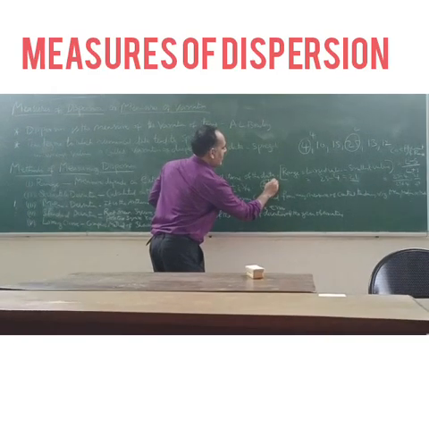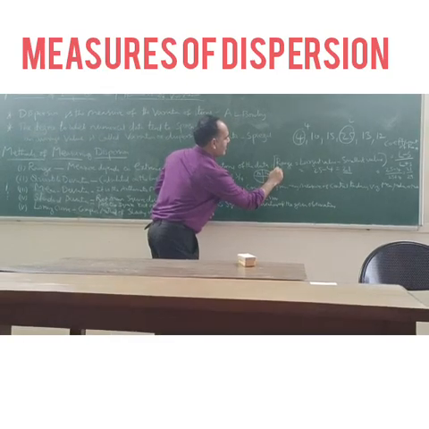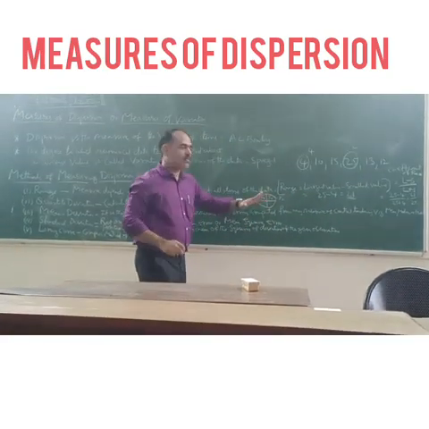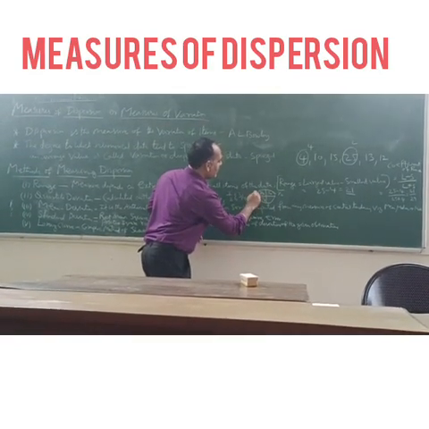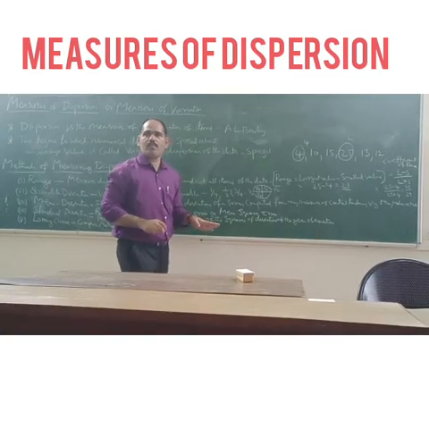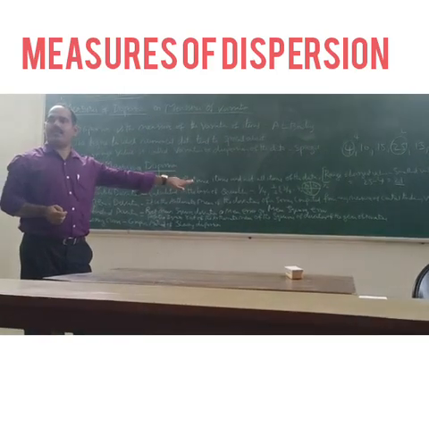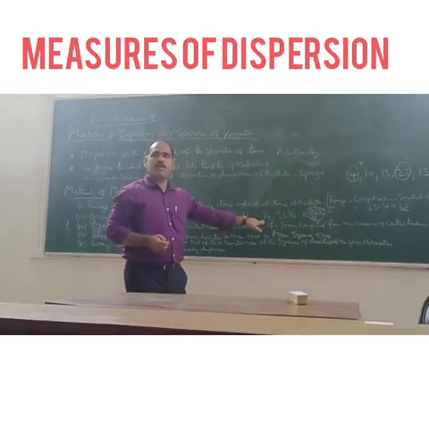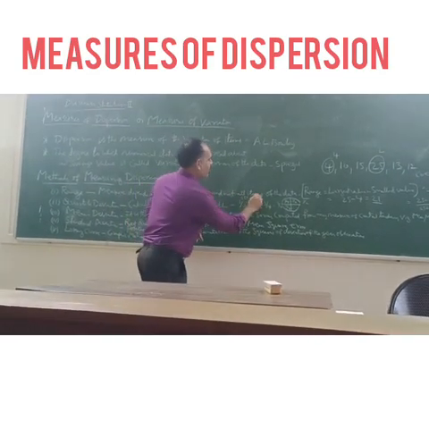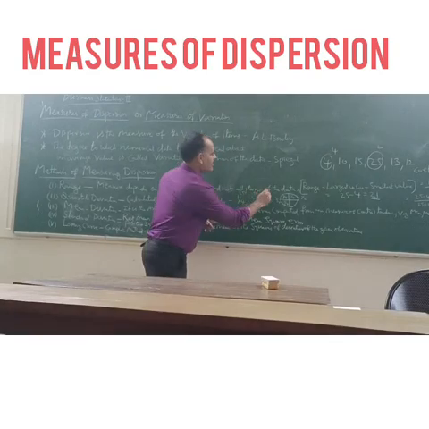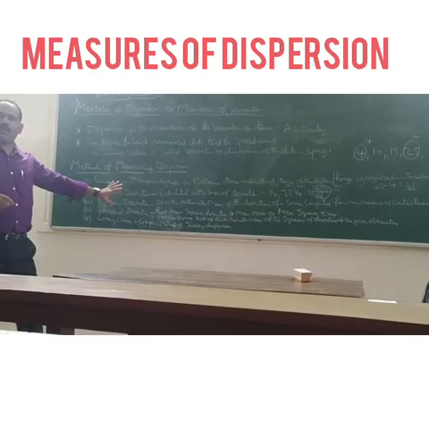Add another 1/4, and it is half. Add another 1/4, and these 3 together are 3/4. So quartile deviation is calculated on the basis of the quartiles. It may be 1/4, or 25%, or 1/2, which is 50%, or 3/4, which is 75%.